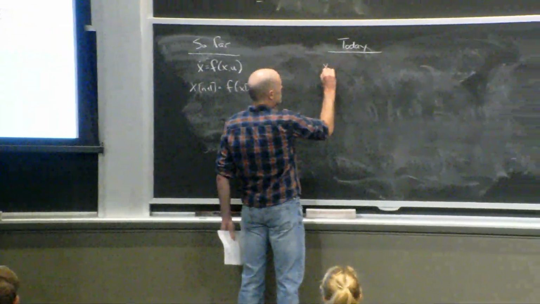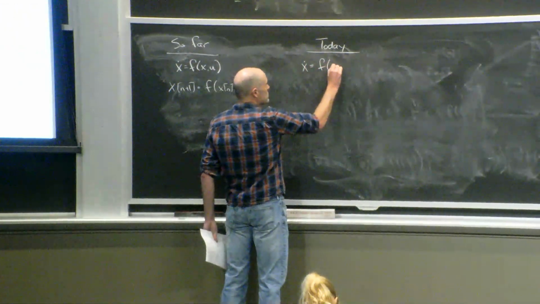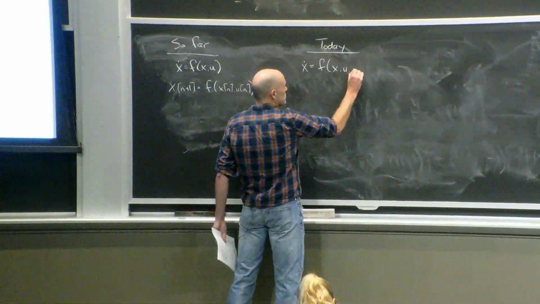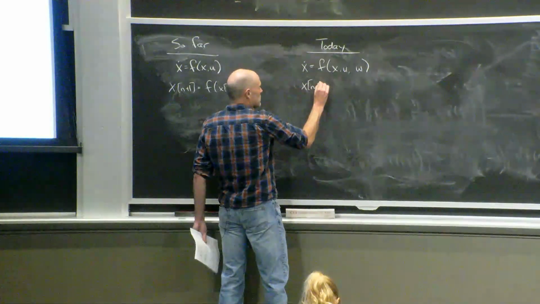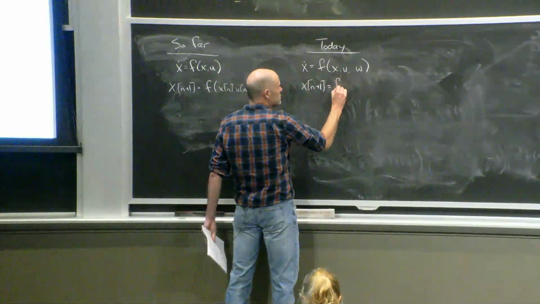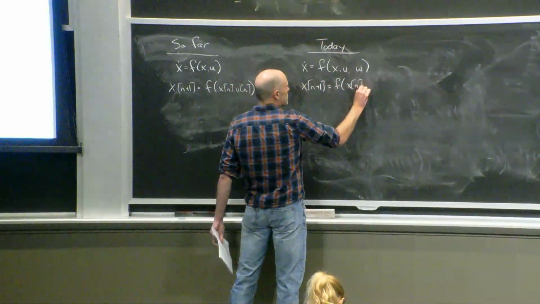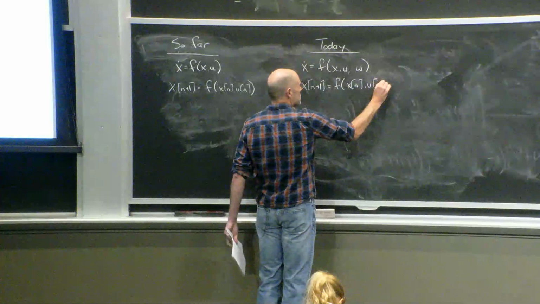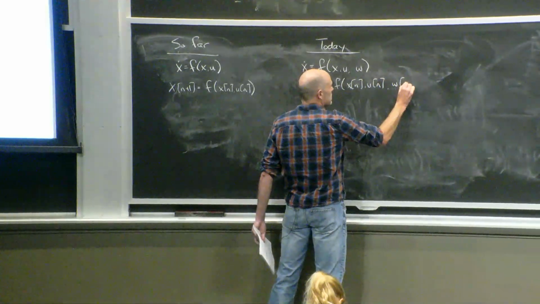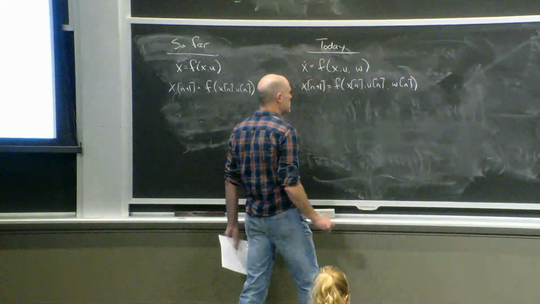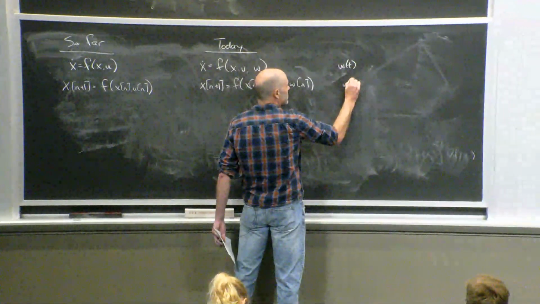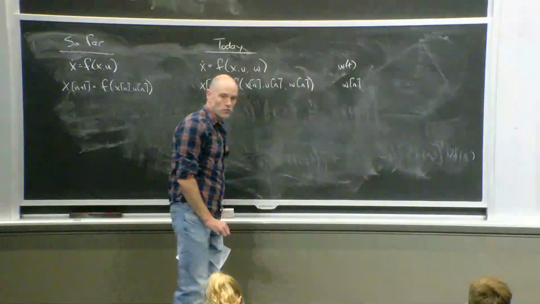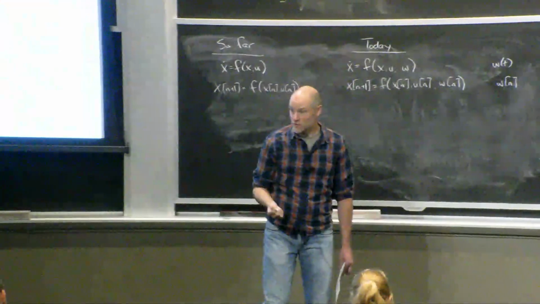I'm still going to use the differential equation form, but I'm going to throw in a new input, W. W_t or W_n is the output of a random process.